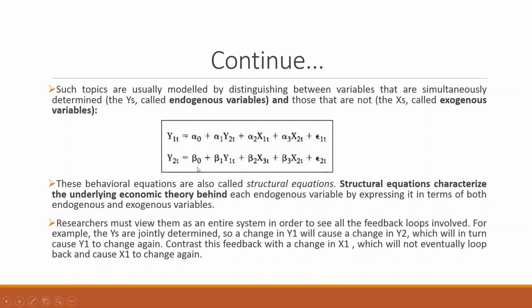y2t is equal to beta 0 plus beta 1 y1t plus beta 2 y3t plus beta 3 x2t plus epsilon 2t. If you observe carefully, y1 is repeated in the second equation and y2 is also in the first. So the independent variable, which is y2t here, becomes a dependent variable, and similarly y1t, which is independent here, becomes dependent.